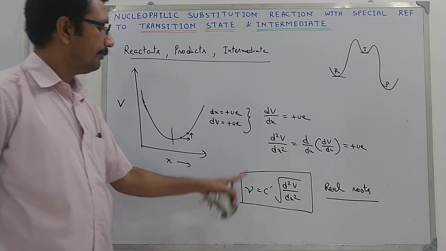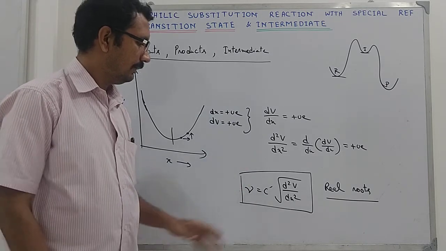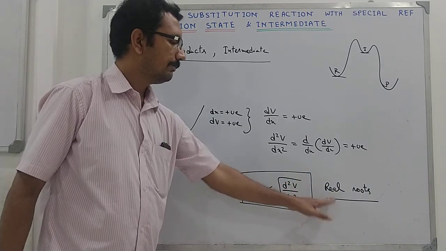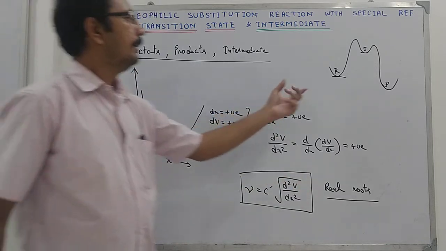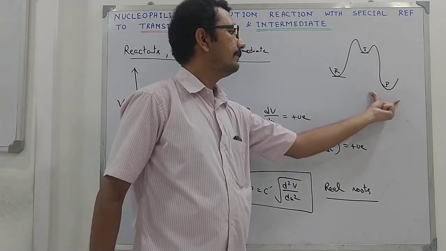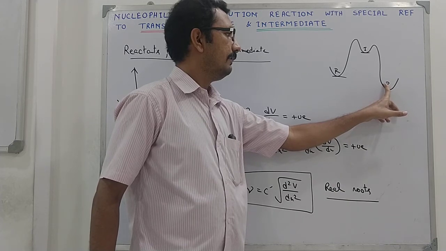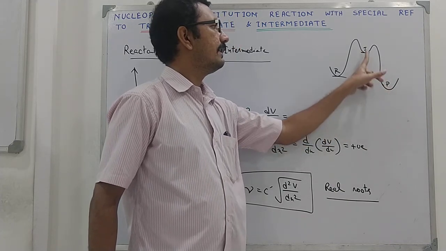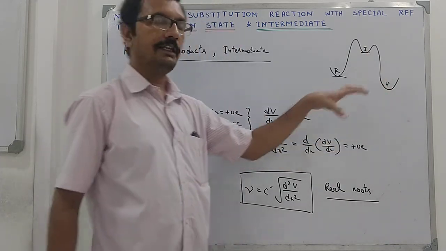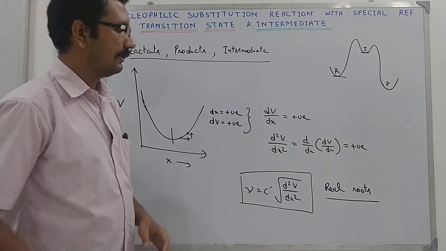Now the frequency of the bonds is real. Frequency is real means the bonds present here are real, and it indicates that the species are also real and they can be trapped or scavenged.